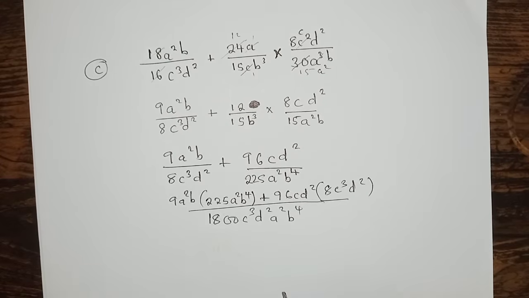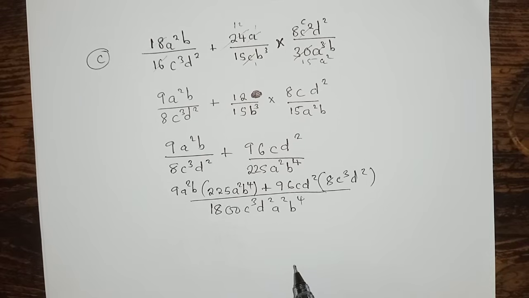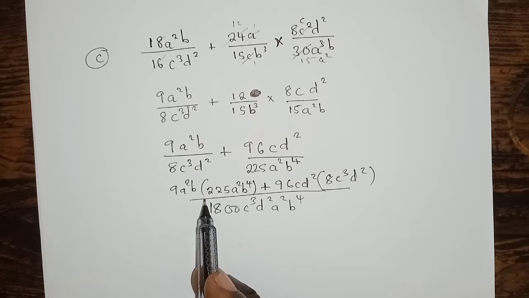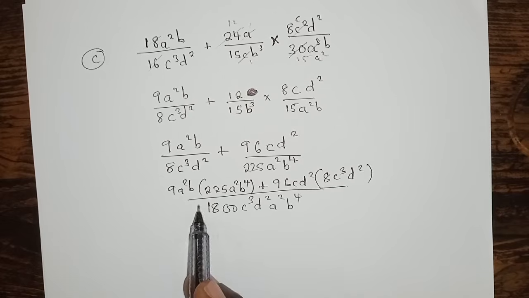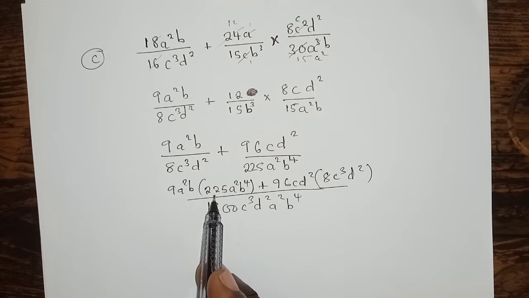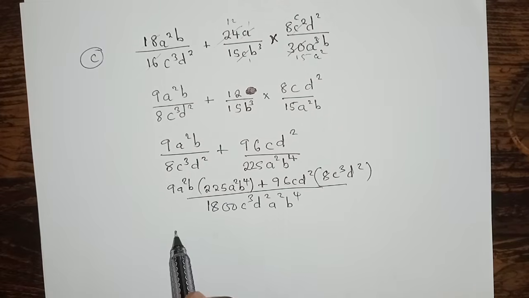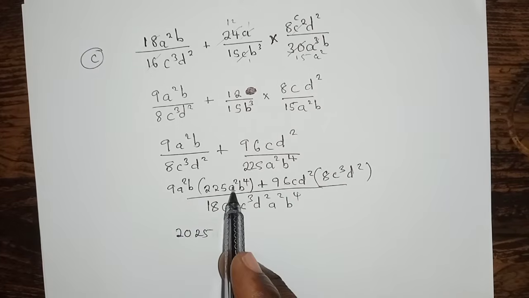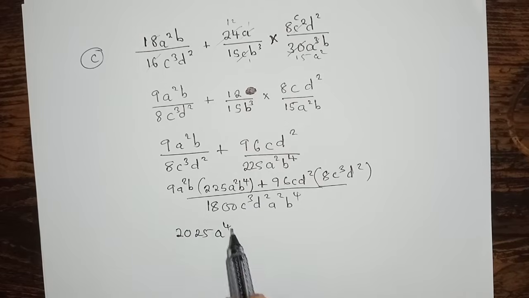So now at this point, we can distribute. So 9 times 225, the number here, it's 2025. A squared by A squared is A to the power 4.